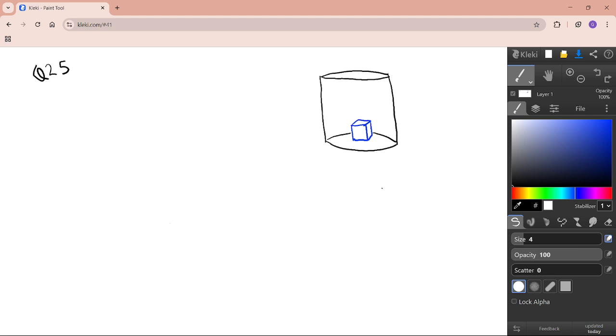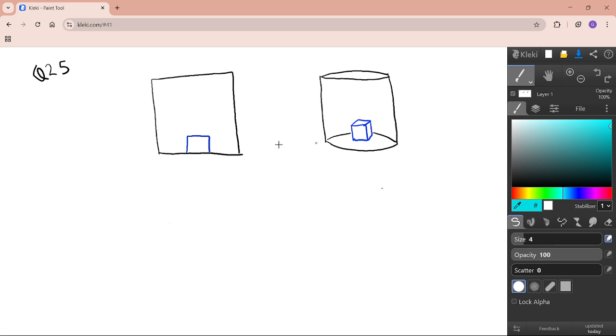Now let's dig deeper into the image. Let's get a better side view. This is our ice cube. Now it's melting. This is the water.